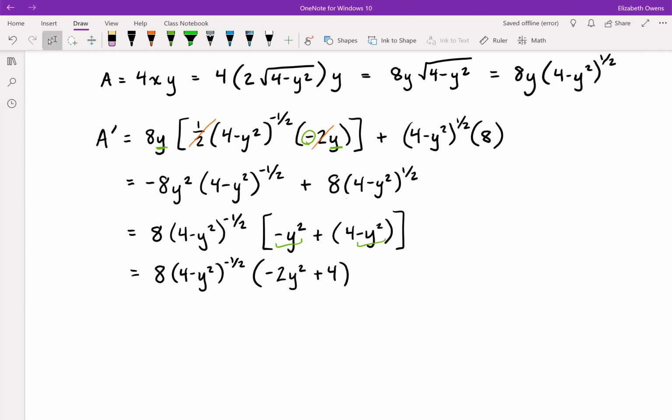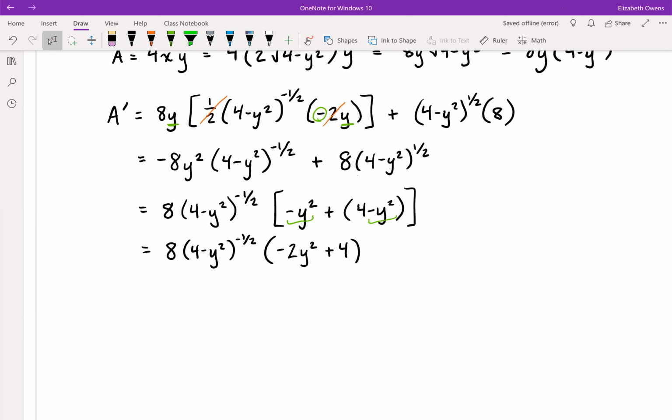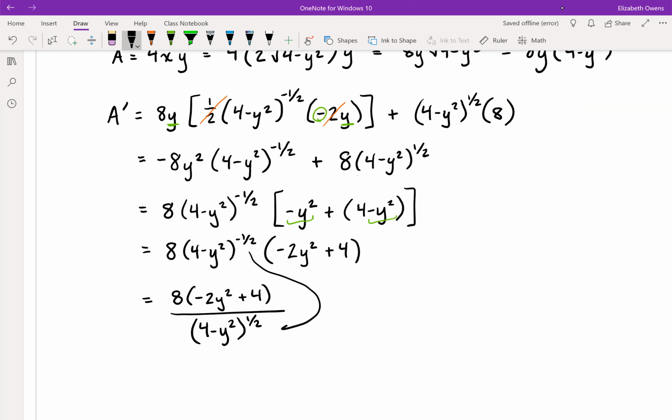So let's get this into a rational format. That way we can look at our critical points. So up in the numerator, we're going to have 8 times negative 2y squared plus 4. And down in the denominator, we'll have our 4 minus y squared to the 1/2 power now, slipping that down into the denominator.